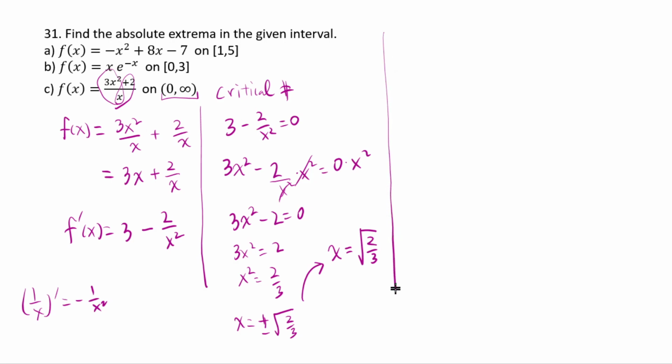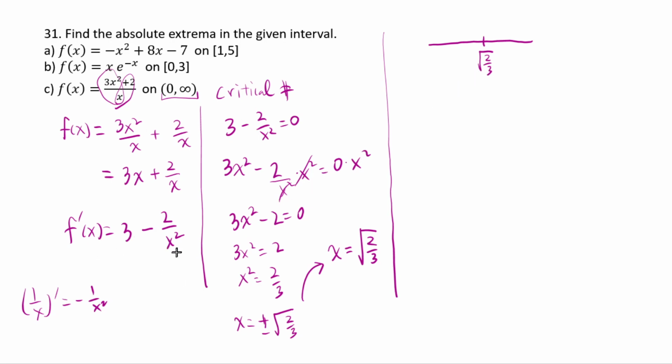Okay? Alright, but then because we don't have any endpoints to plug in, you really need to know the behavior of the function. And to do that, let's use the first derivative test. So here's radical 2 over 3, the critical number, and let's pick a number slightly less than square root of 2 over 3.